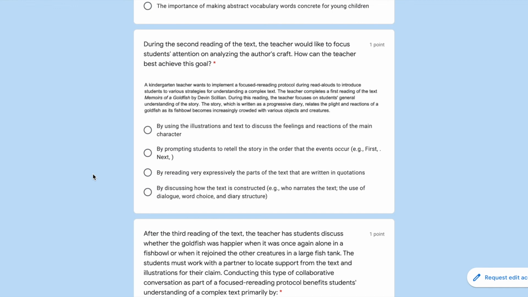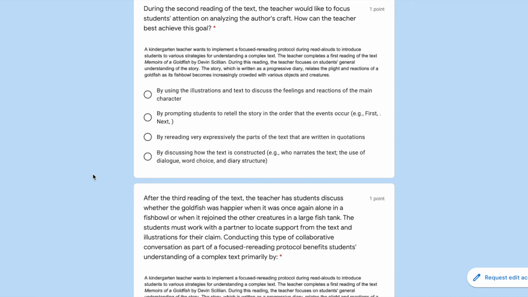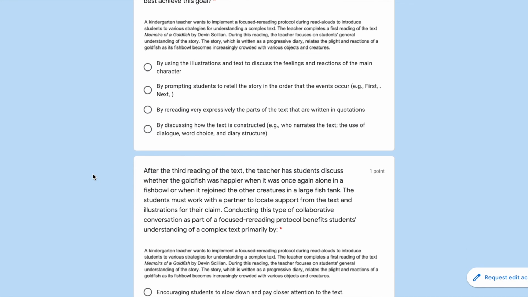B, by prompting students to retell the story in the order that the events occur, for example, first, next, then. C, by rereading very expressively the parts of the text that are written in quotations. D, by discussing how the text is constructed, for example, who narrates the text, the use of dialogue, word choice, and diary structure. Pause here, select the answer you think is best.